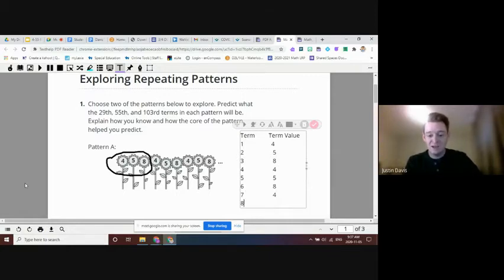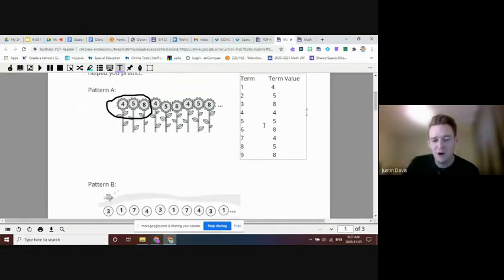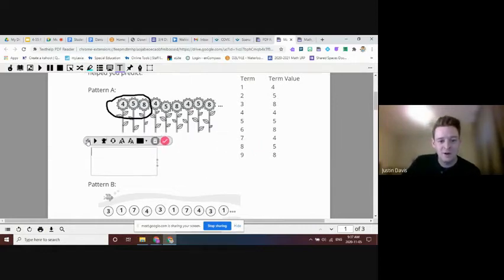But that seems like a lot of work. Hopefully I'm not making any mistakes while I'm doing this. And you could feel free to do that, and that will work for you. The problem is, in math, we also want to be efficient. I used that word earlier. We also want to be efficient.